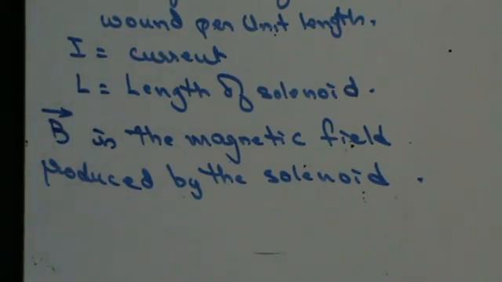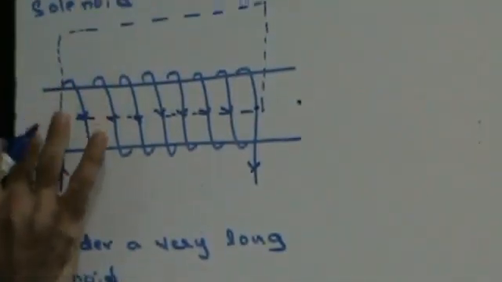Now, in order to find out what is the strength of the magnetic field, let us consider a closed loop ABCD. Instead of ABCD, B I am using as magnetic field, so let's relabel it, because B is the strength of the magnetic field only, it will only create confusion.